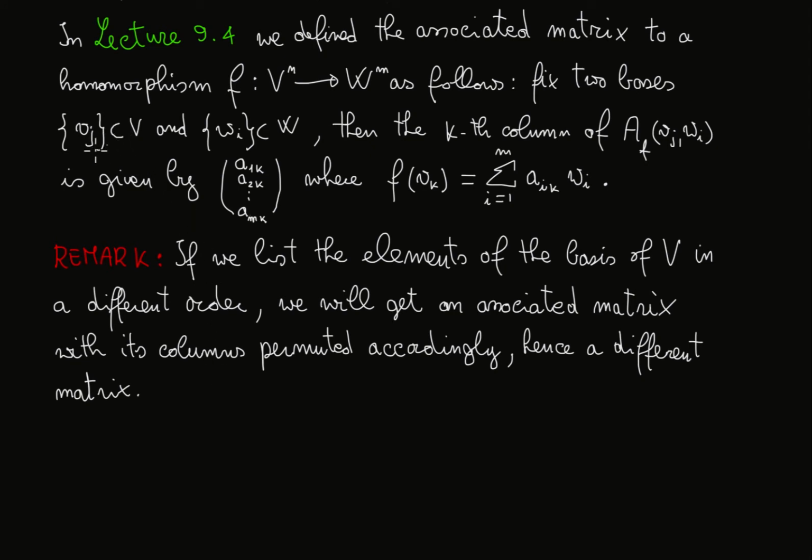If the kth vector of Vj, the basis V of the domain, is no longer Vk, but it is some other vector, then the kth column of the associated matrix will be computed by using the other vector and no longer Vk. Okay, so let's see a numerical example and see the consequences of permuting vectors in the basis of the domain and the codomain.